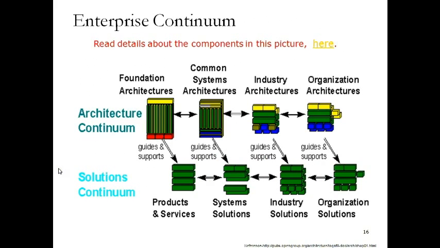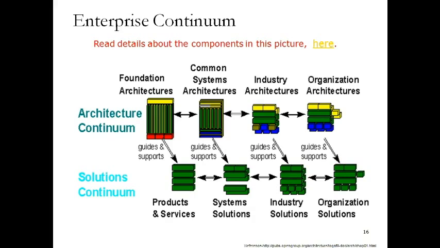Okay, so again, a little more explanation about the enterprise continuum here. Basically, the enterprise continuum specifies a progression for developing architecture and solutions using architecture building blocks and solution building blocks in a continuous, iterative fashion. So iteration comes from the ADM.